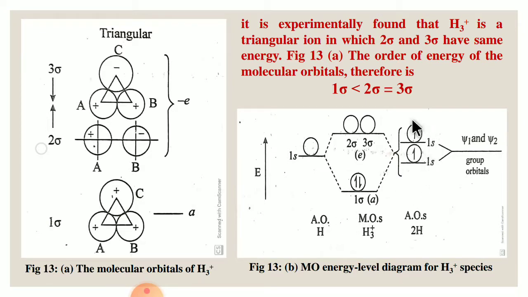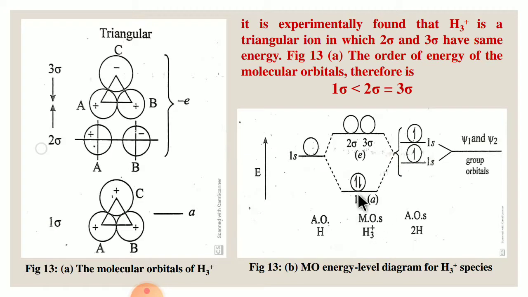HA and HB collectively form ligand group orbitals Psi1 and Psi2, and each has one electron in its 1s atomic orbital. They further combine with the central hydrogen atom Hc to form molecular orbitals.